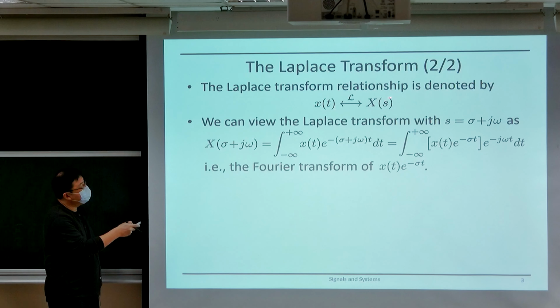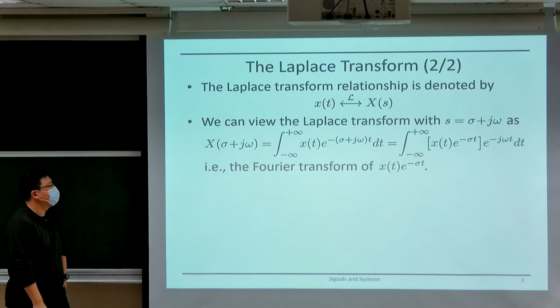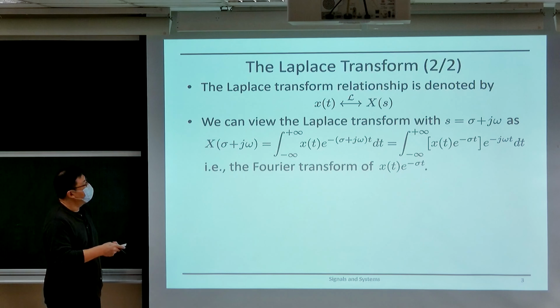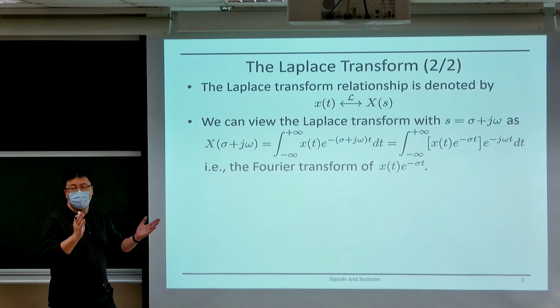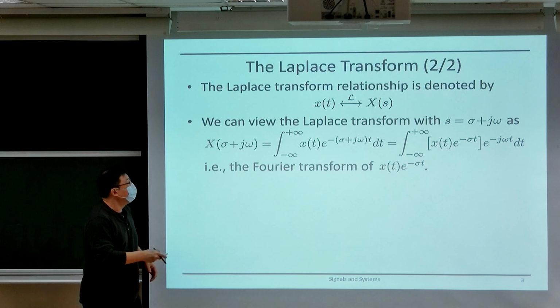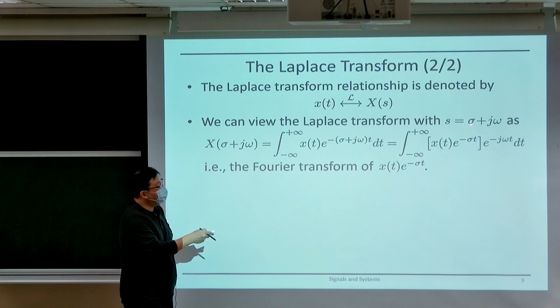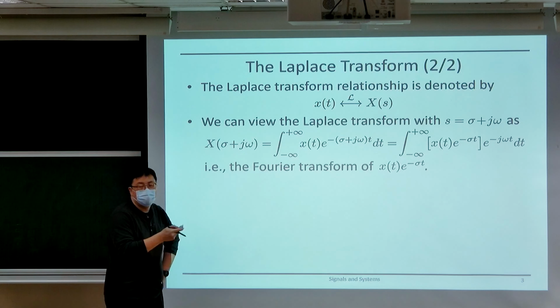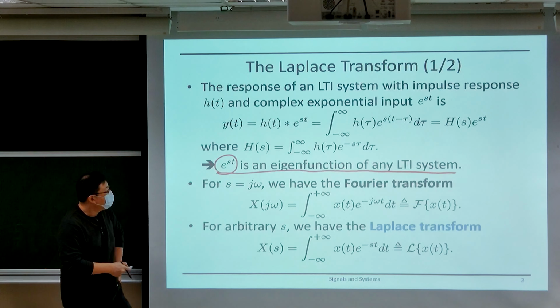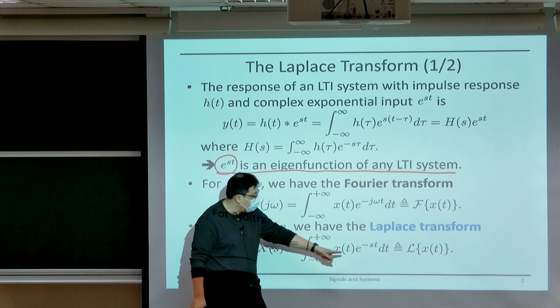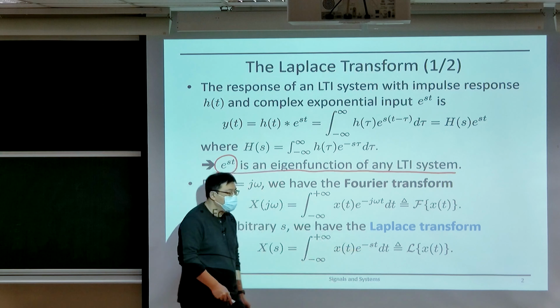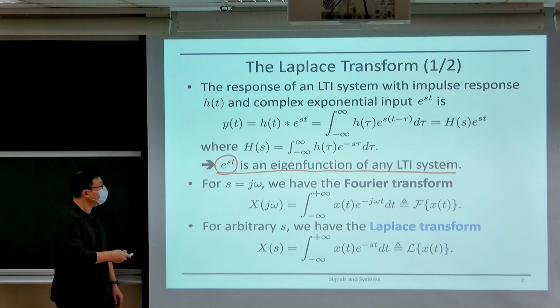If it's an L, then this is the Laplace transform. Now, s can be any complex number. Suppose that you write s as sigma plus j omega and plug it in.